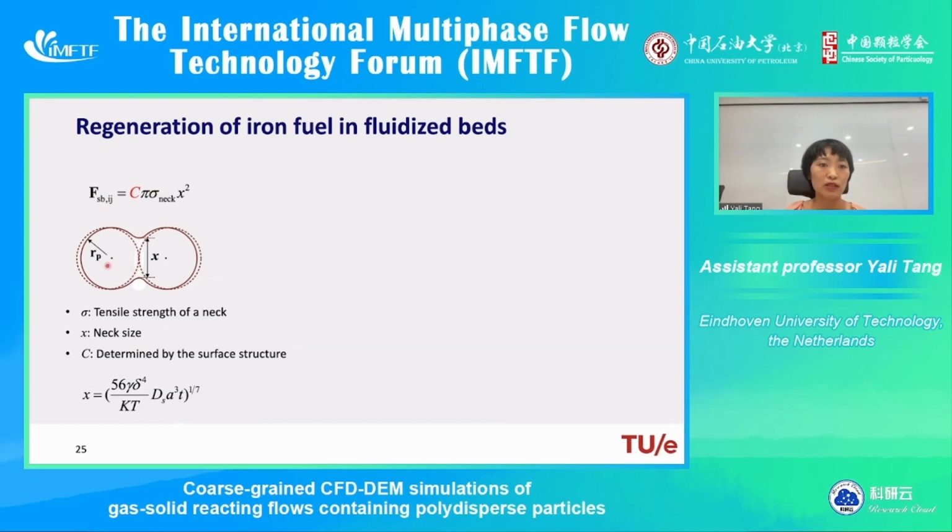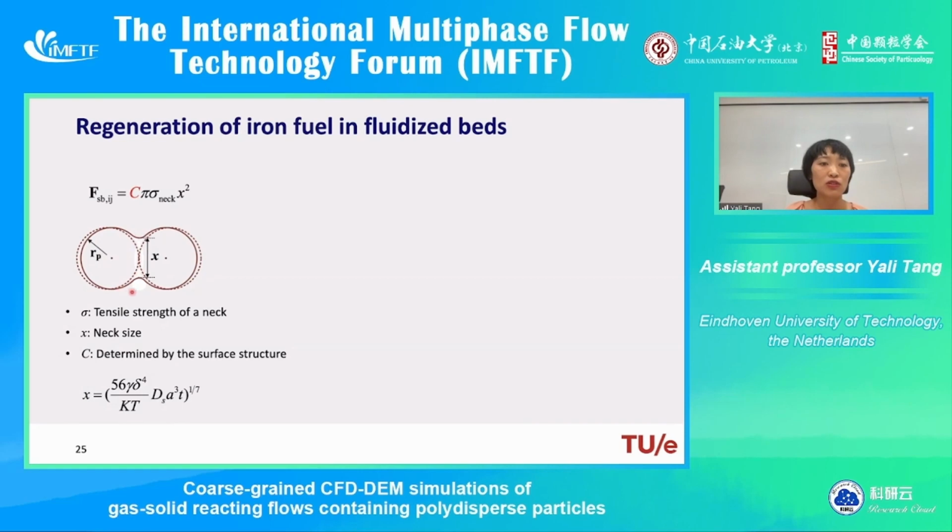You can see that there are two particles contacting each other at high temperatures. They become soft, the surfaces of the particles diffuse into each other, and they form a so-called solid bridge. This is what we call the neck of this bridge.